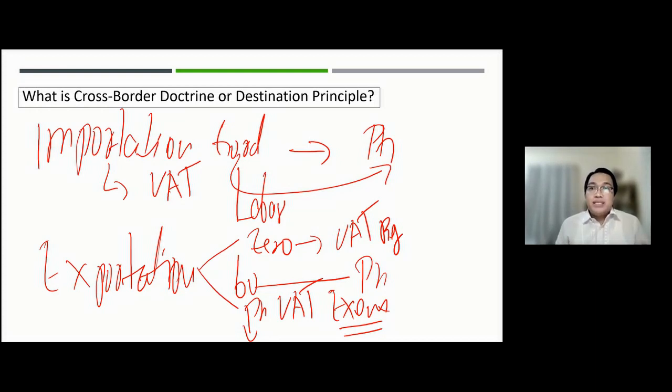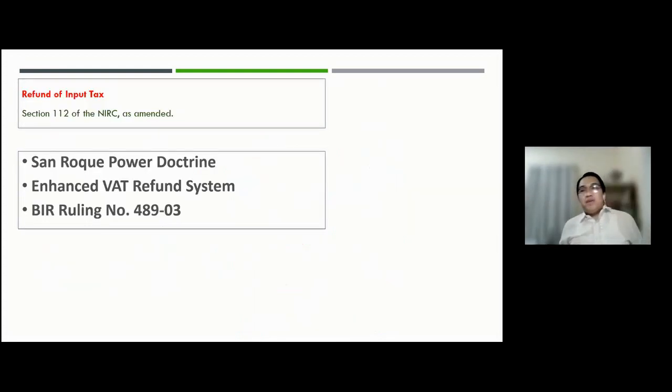Yung zero-rated sale ang pwedeng mag-claim ng refund ng input tax. Okay? Siya ang pwedeng mag-claim ng refund ng input tax. If the sale is VAT exempt, hindi ka pwedeng mag-claim ng refund on input tax on your purchases attributable to that sale. Nakuha natin? Okay, yun ang pagkakaiba nila. Now, speaking of refund of input tax, very important.